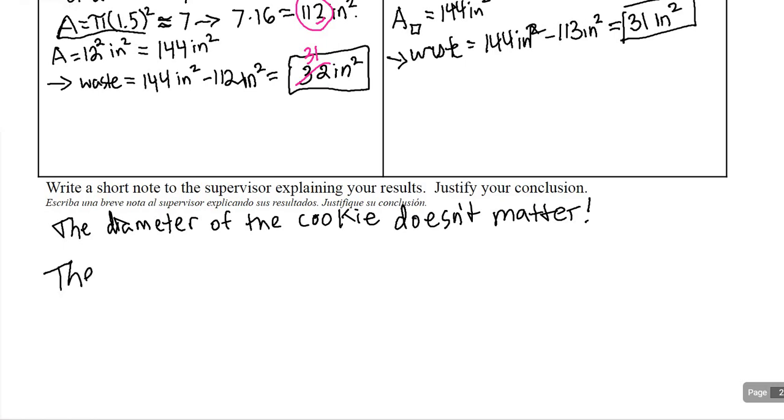And I think in order to say that, though, we have to make the assumption we use full cookies.